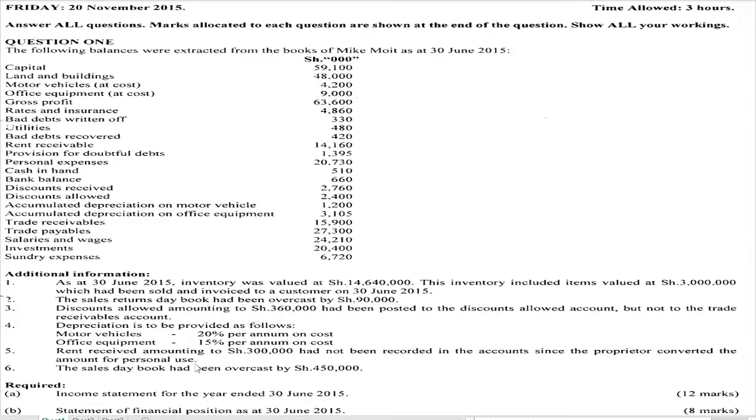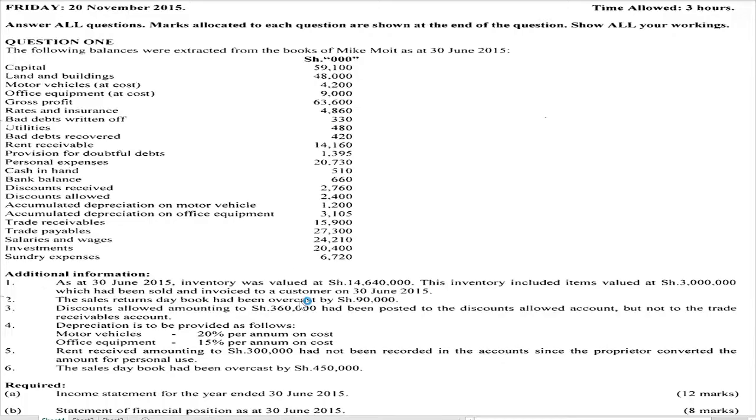Then the sales day book had been overcast by 450. So this is also going to reduce our revenue, and we are going to reduce it from our gross profit, since we have been given it here.